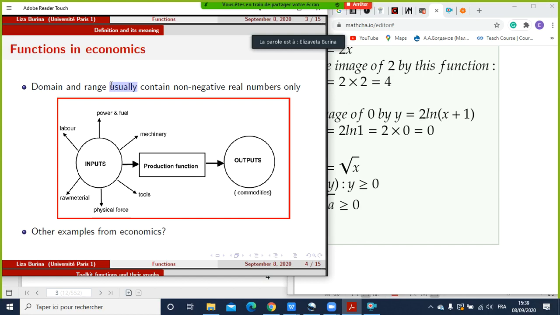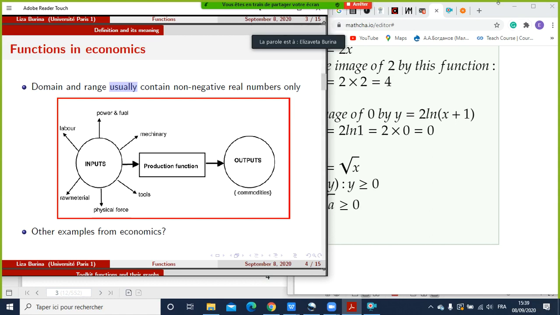And here I have an example of a production function, which is also multivariable because we can have tools, physical force, labor, whatever. Put it inside the production function, and it does something, we get our output.